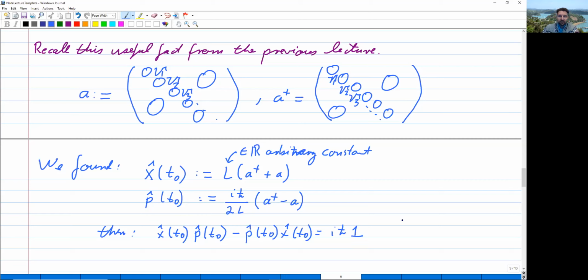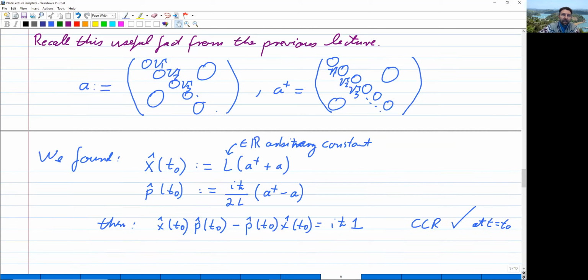In other words, this means the canonical commutation relation is okay at t equal t naught. You see, what we've just done at this moment is actually something super cool.